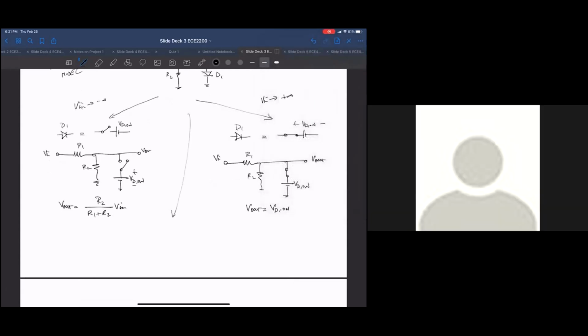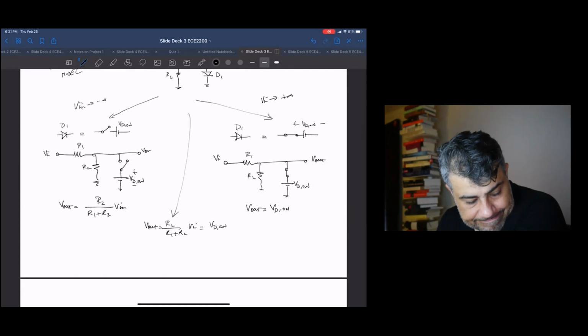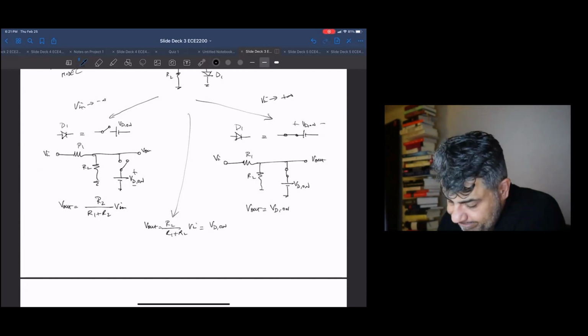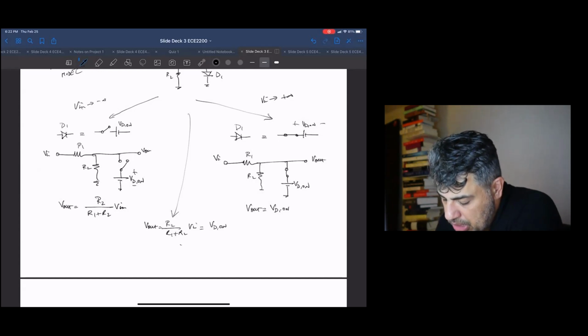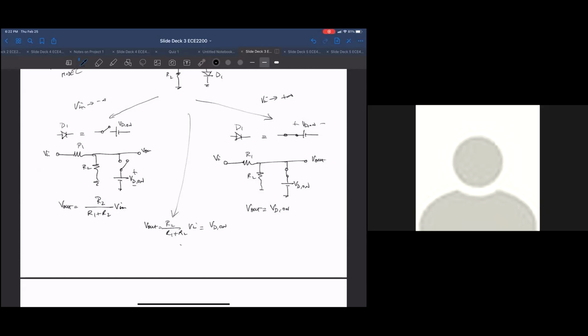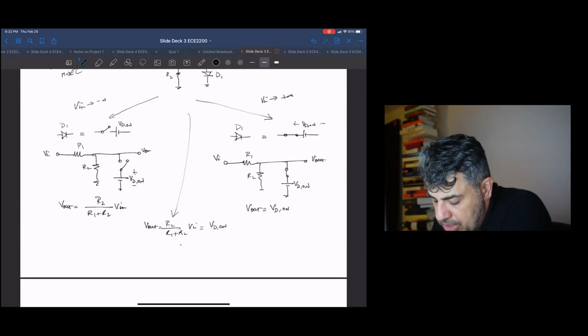So then you said V out equal to R2 over R1 plus R2 times Vn. So what does V out look like at the crossover point? Is it going to be offset from the... Well, let's work out Vn first. This is an equation you can use, right?